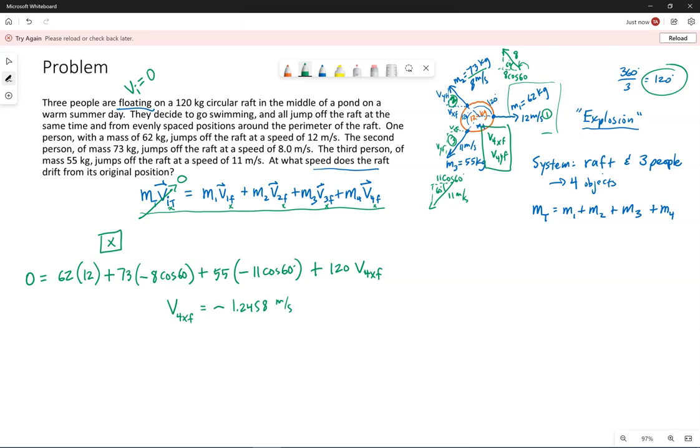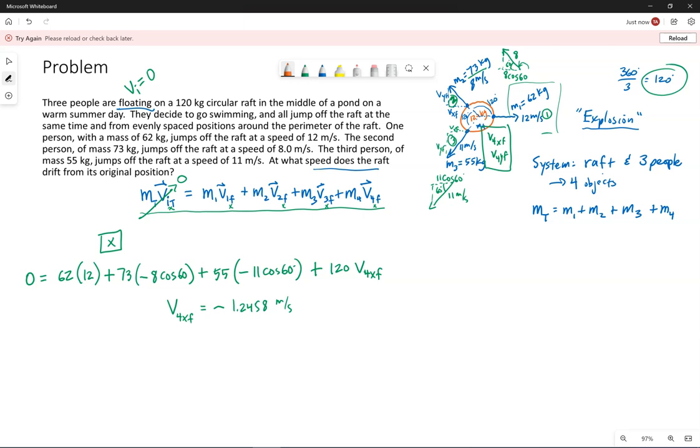And of course I don't need that many sig figs, but I'm not going to round yet because I'm not to my final answer. What this tells me is that the raft overall ends up heading to the left.